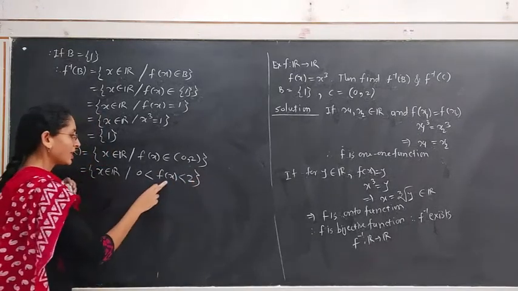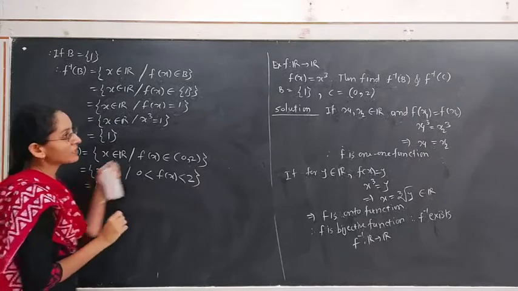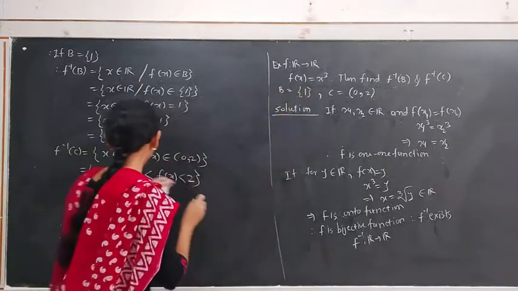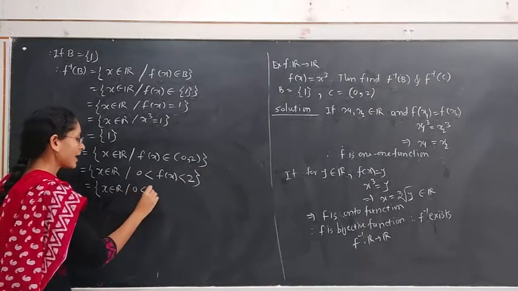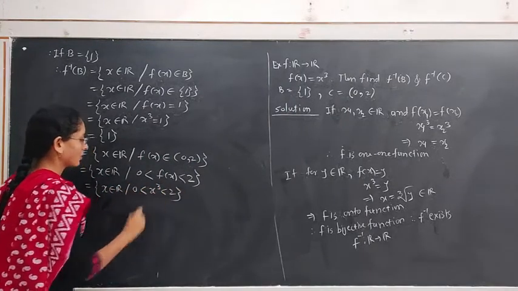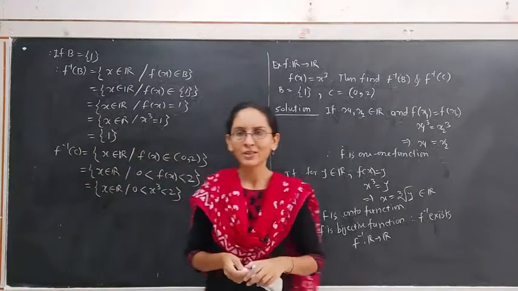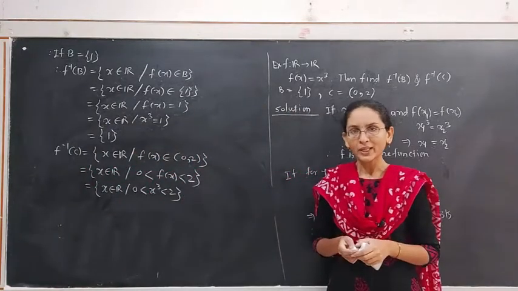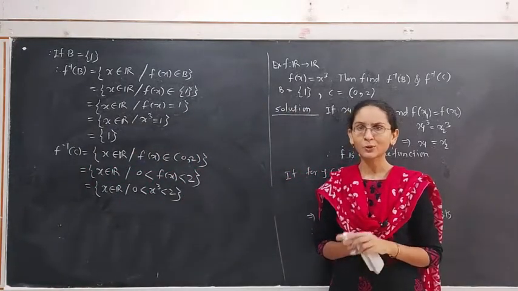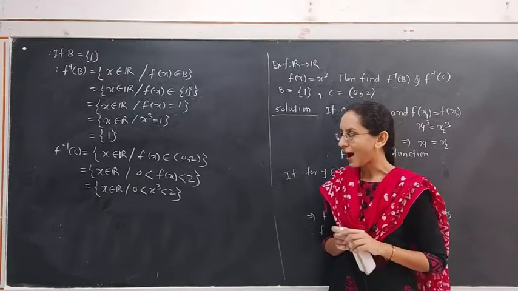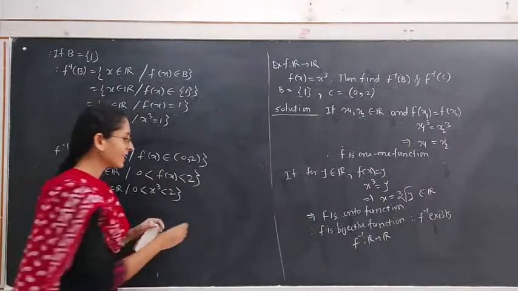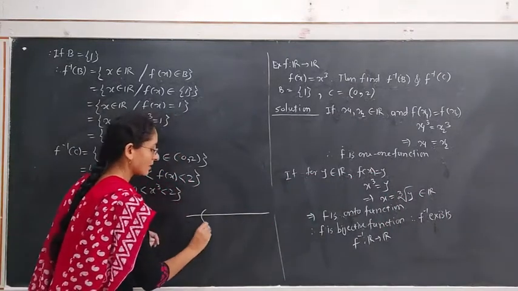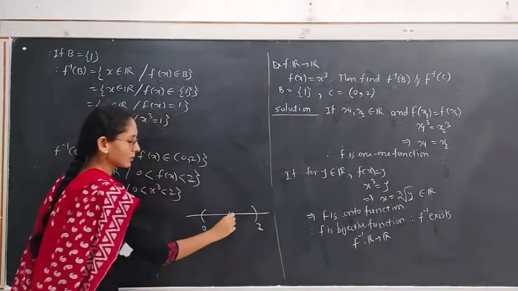Okay. What is f of x? F of x is given by x cube. This is equal to the set of x belongs to R, where 0 is less than x cube, less than 2. Choose all the real numbers whose cube lies in between 0 and 2. Those real numbers are obtained by taking the cube root of all the elements in the open interval (0, 2).